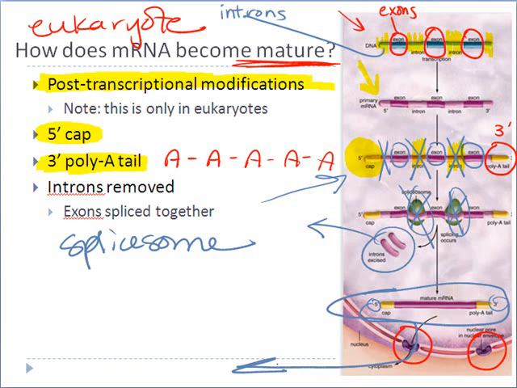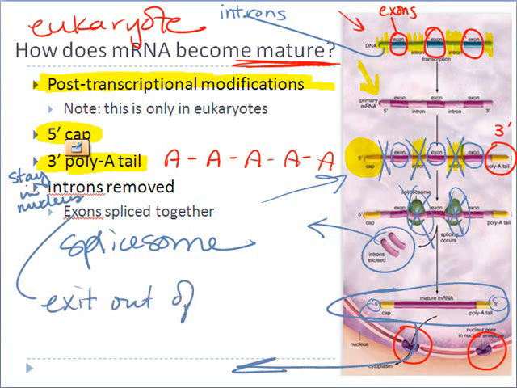The easy way to remember the difference between introns and exons: introns stay in the nucleus, exons exit out of the nucleus. In other words, they are the legitimate pieces of the code that we want to keep. So again, these three post-transcriptional modifications are events that we only see in eukaryotes.